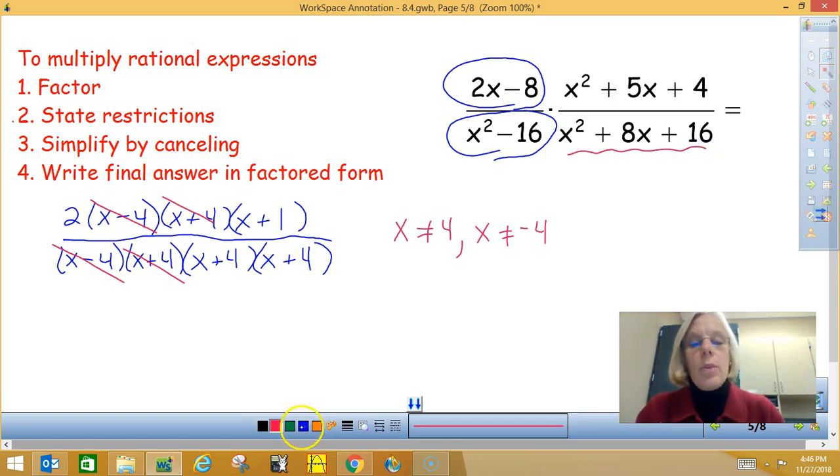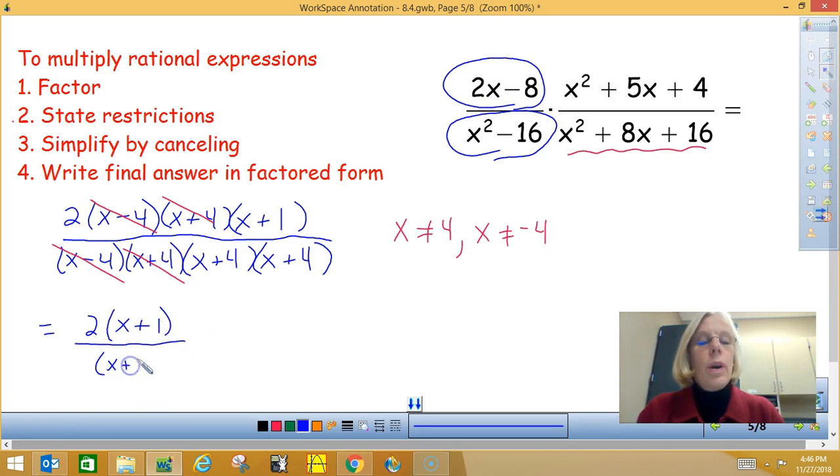And I am left with 2 times the factor x plus 1 over x plus 4 quantity squared. I leave my final answer in factored form.